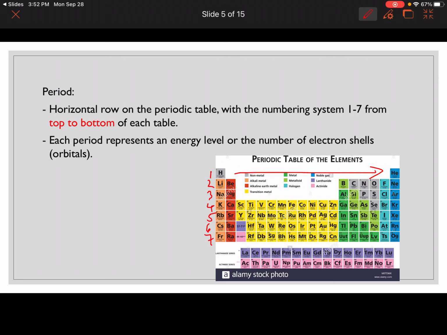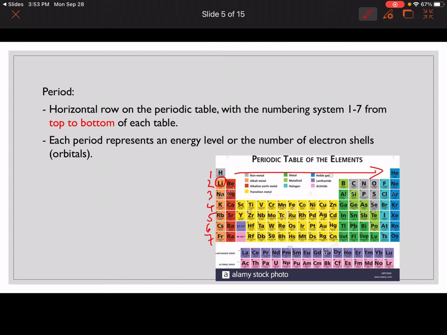In the second period, we've got lithium, beryllium, boron, carbon, nitrogen, oxygen, fluorine, neon, right? So we can go through the different periods here. I could ask you, for example, which element is in period 3 and is an alkali metal? And you'd be able to tell me that it's going to be that one, right?